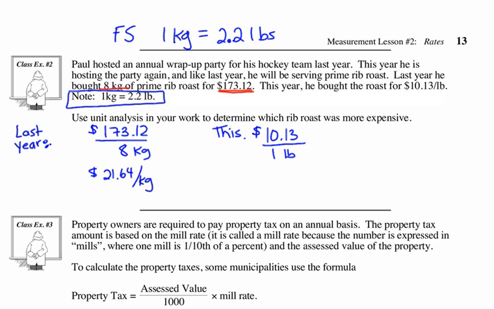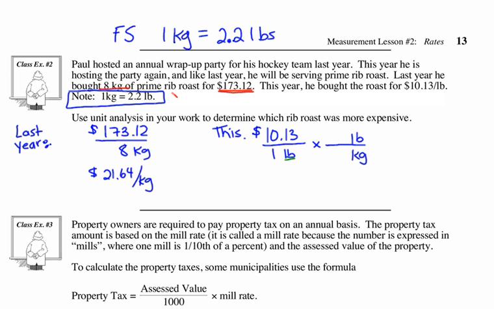Now we want price per kilogram, so we're going to use unit analysis. We want to change that to kilograms. Notice how pounds are on the bottom, so in order for it to cancel, we're going to put the pound on the top. And we actually want kilograms in the bottom because we want dollars per kilogram. So now we fill in our ratio. Well, what's our ratio?